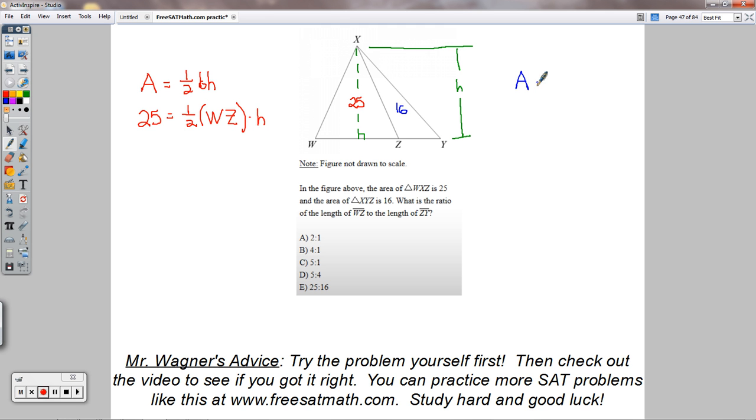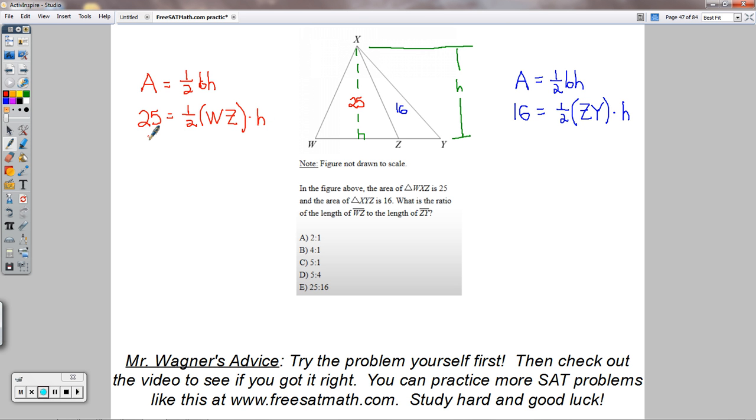So in a similar fashion, area of any triangle, 1/2 base times height. The area of the blue triangle XYZ is 16, the base is ZY, and the height, I don't know, but this H is exactly the same as this H. That will prove to be helpful as we go through this problem.